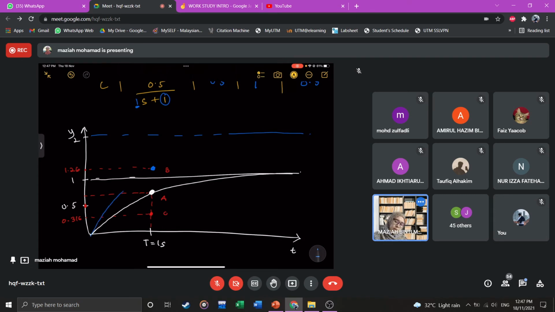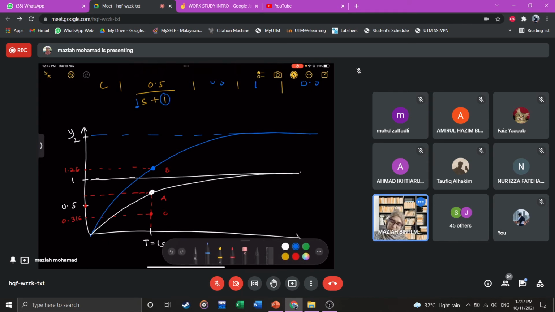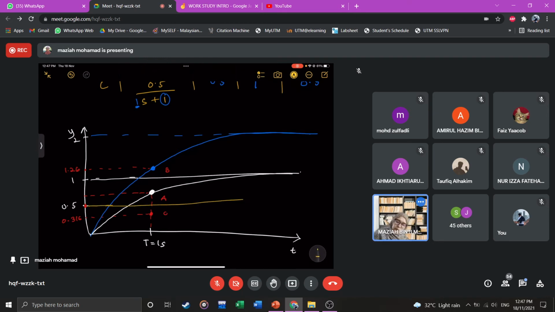So you can get the behavior. And for system C, it will reach the final value 0.5. So it will reach something like this.